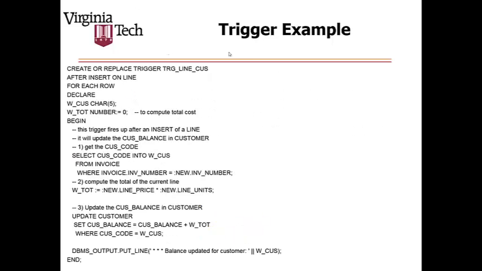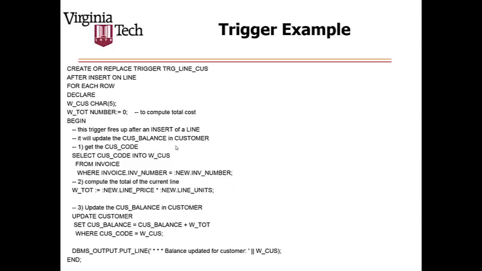Here's another trigger example. We're going to create or replace the trigger trig line cus, after an insert on line, for each row. We will have a customer variable and a total number variable set equal to 0. Begin. This trigger fires after an insert of a line.